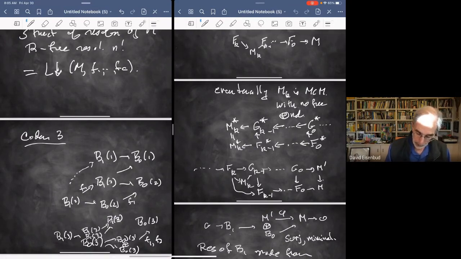Okay, so now the complex has length 1 more, as it must, because we must be writing down the resolution of something of length 3, so there's going to be a 0, 1, 2, 3.